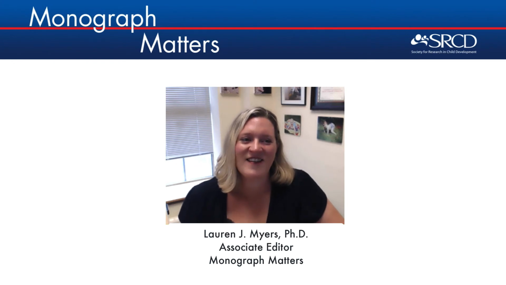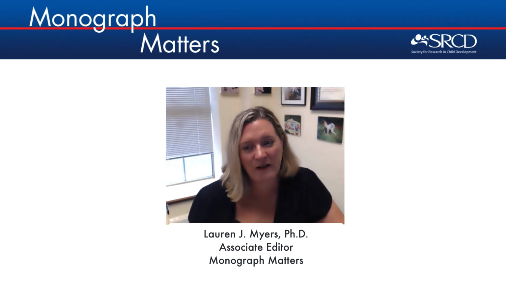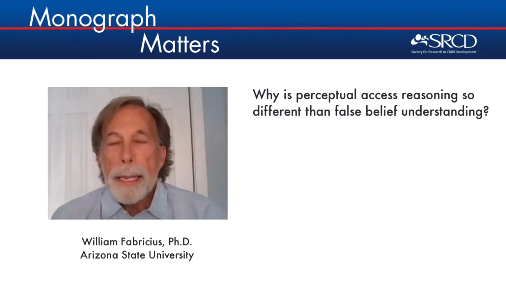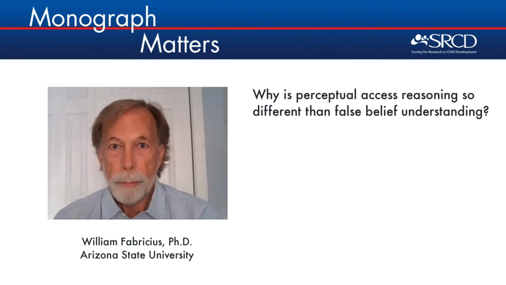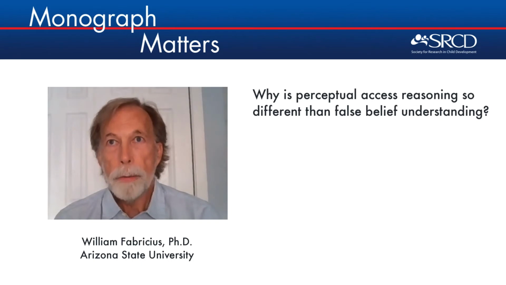Thanks, that's really interesting. Why is perceptual access reasoning so different than false belief understanding? It gets to the issue of children's understanding of mental representations. In perceptual access reasoning, the theory is that children do not understand mental representations.